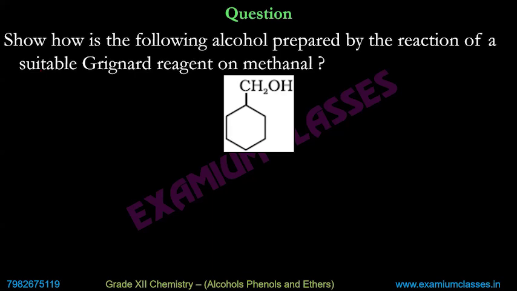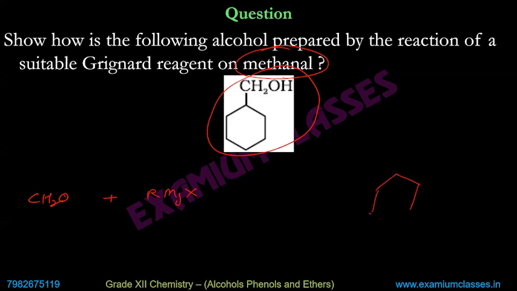Show how the following alcohol is prepared by the reaction of a suitable Grignard reagent. Again the same thing. You need to produce this one from methanol. So write methanol as CH2O, not HCHO. Okay. Then RMgX. And what you need to get? You need to get this, CH2OH.